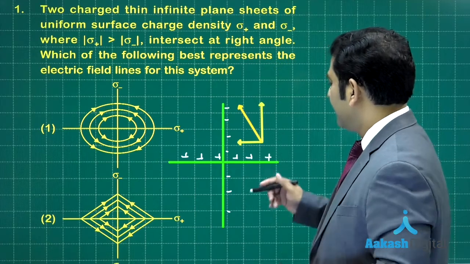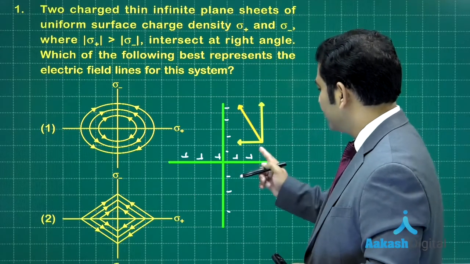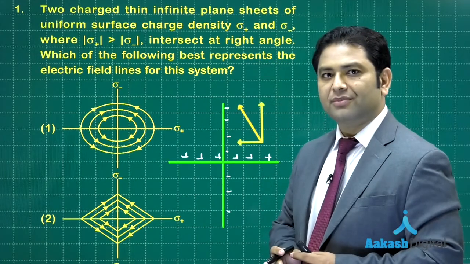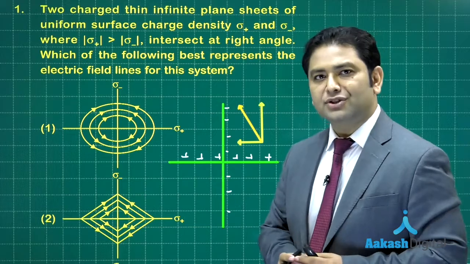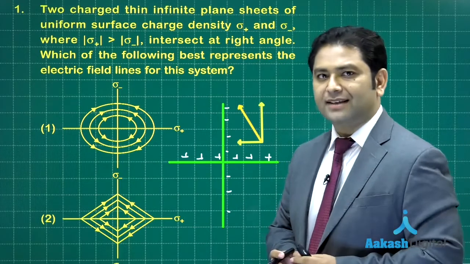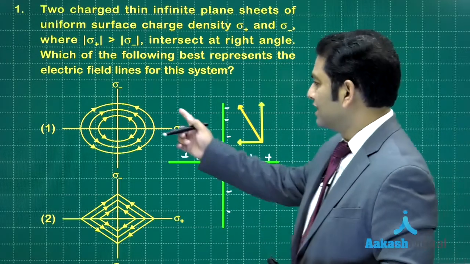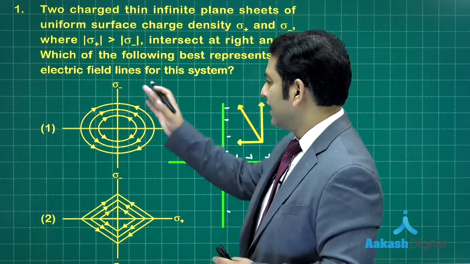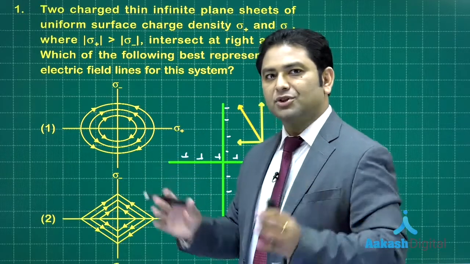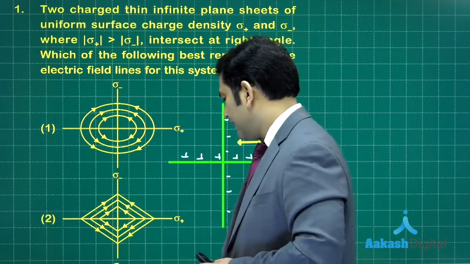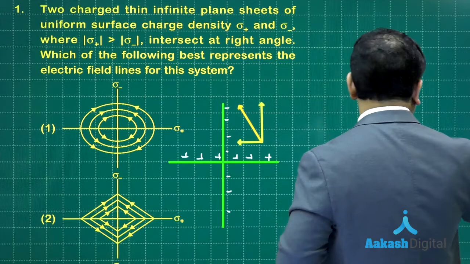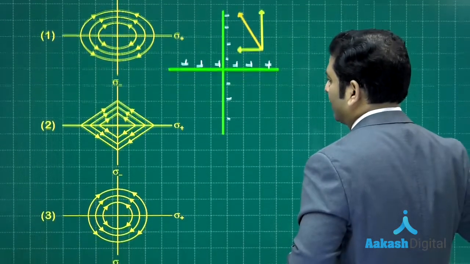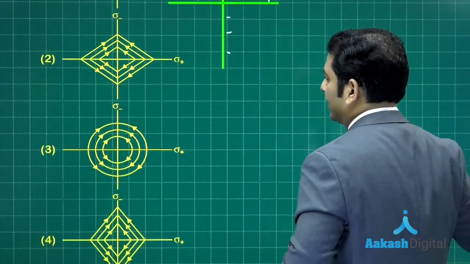And because the field contribution due to individual is uniform, so the resultant also has to be uniform in magnitude and direction. While if you see here in the first quadrant, the direction is varying, so this option would be ruled out. Then let me go with second option. Second is a very probable one, and third would be ruled out.